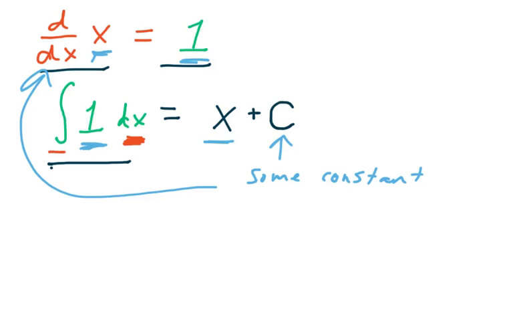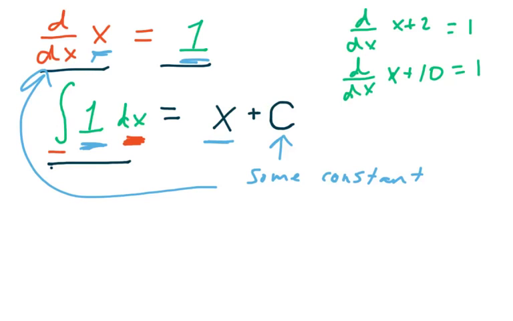Well, you need that plus c because let's do the derivative of a few other things. If I took the derivative of x plus 2, well, the derivative of x is 1, the derivative of 2 is 0, so I end up with just 1. What's the derivative of x plus 10? Well, the derivative of x is 1, the derivative of 10 is 0. What's the derivative of x minus 4? Derivative of x is 1, derivative of negative 4 is 0.